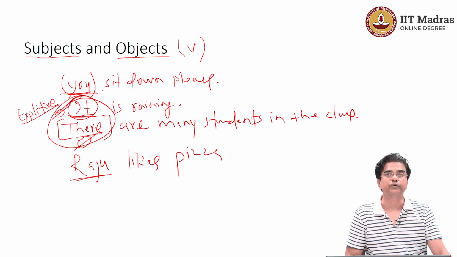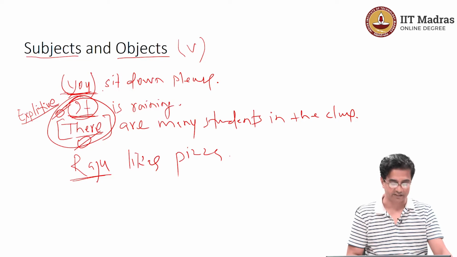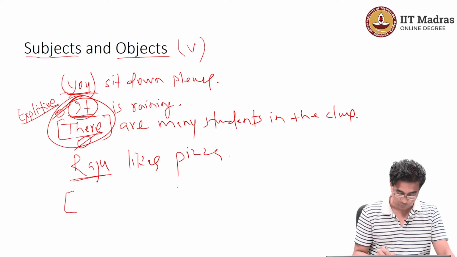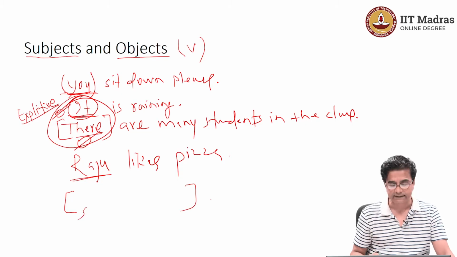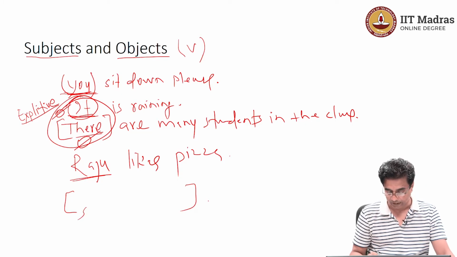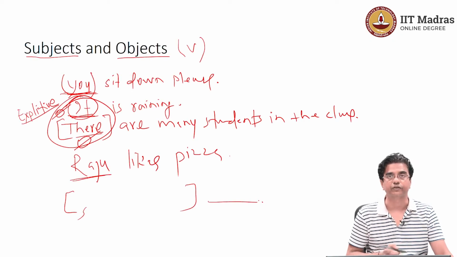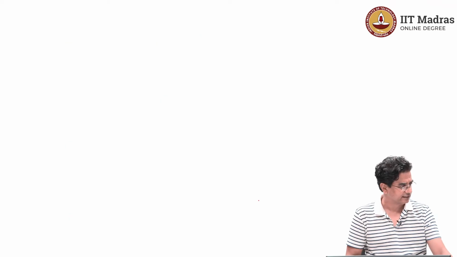Today, I am going to talk about another type of subject, which is kind of a whole sentence, and then you have something as a predicate. I'm going to discuss that in a minute with you in detail.